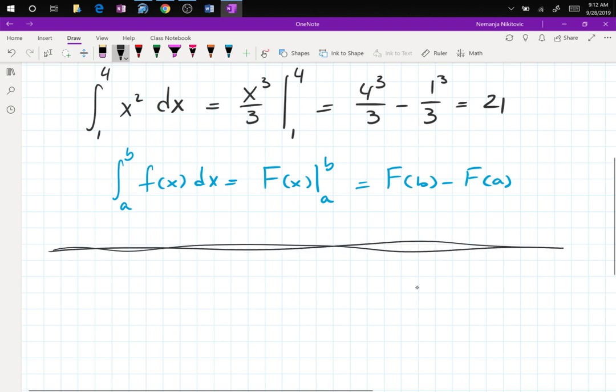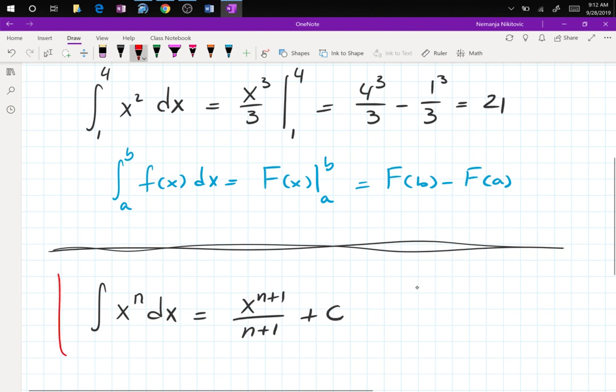Probably the most important integral of our existence is the integral of x to the n dx, because it's literally a multi-tool of integration here. Over n plus 1 plus c.